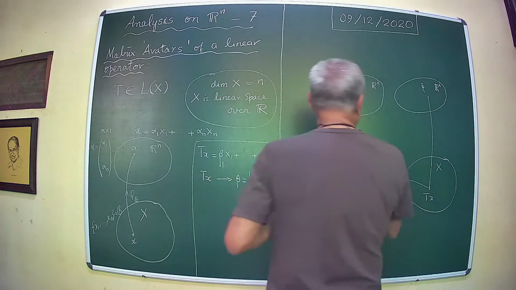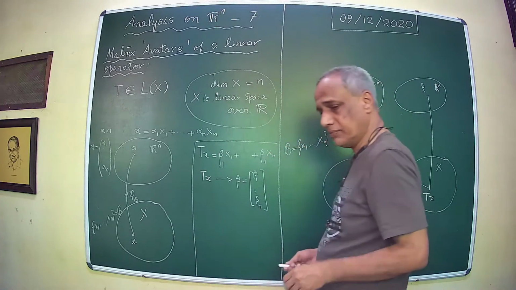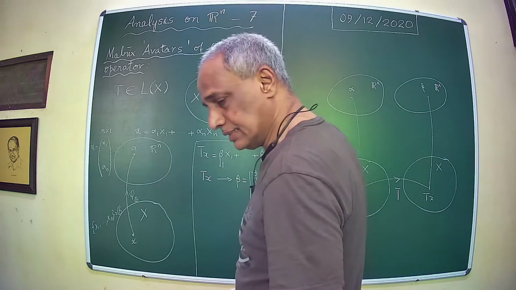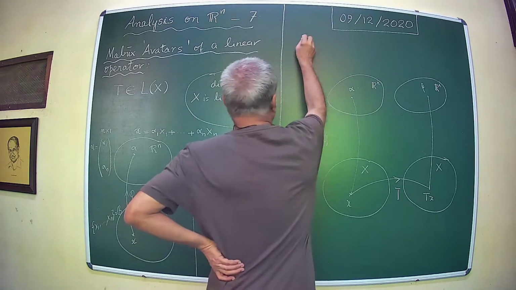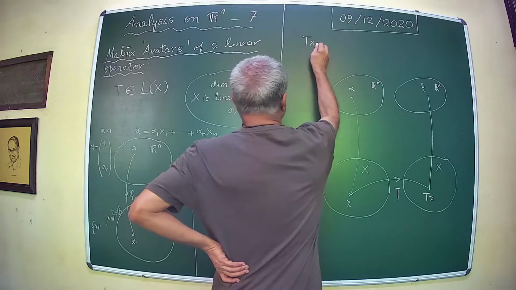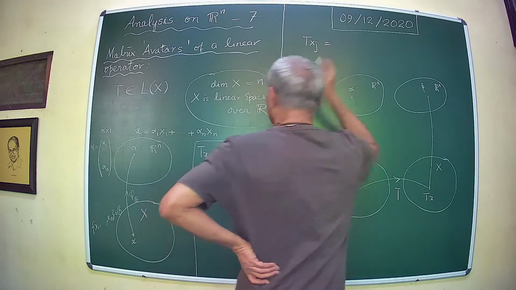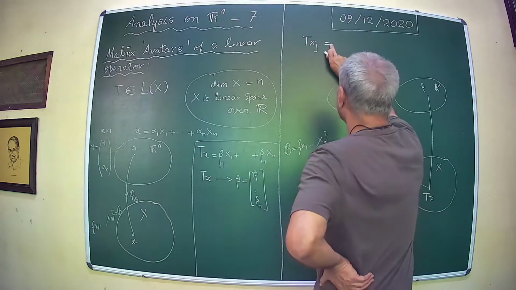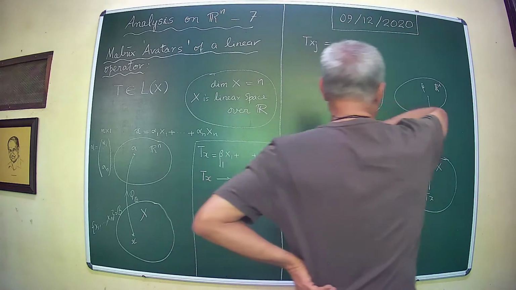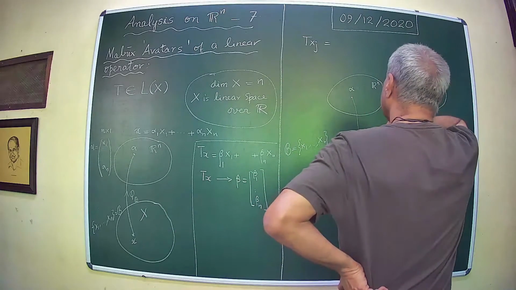So you see that this is what we had, that we computed Txj equal to a linear combination of x1, x2, etc., xn.